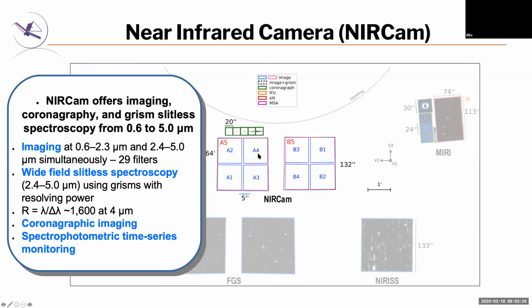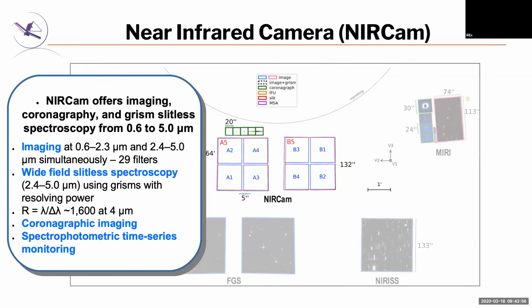And so that's to basically match the full width half max of the PSF at different wavelengths, and otherwise the field of view overlap between the red and the blue channels. So with NIRCam, you can also do wide field slitless. I'll come back to that.